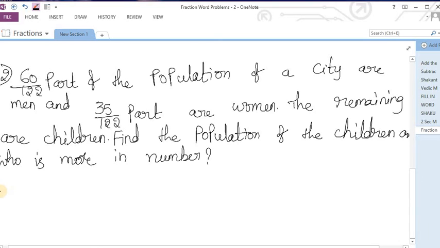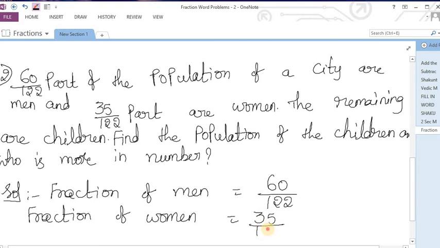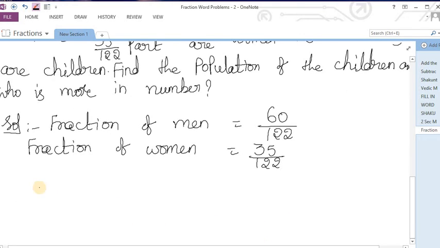Now we'll see the solution here. So as we all know, the fraction of men is equal to 60 by 122. Fraction of women is equal to 35 by 122. So here what I should do first is find out how many men and women there are.